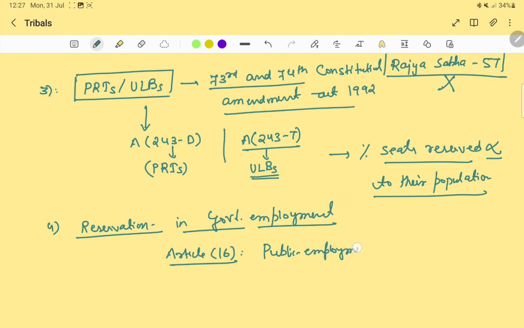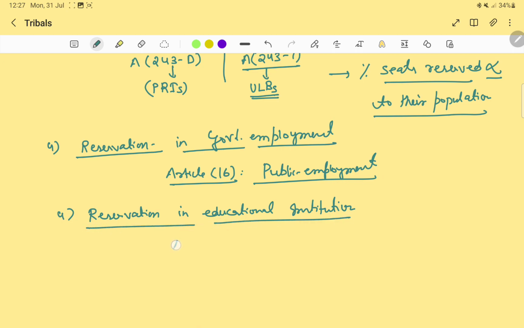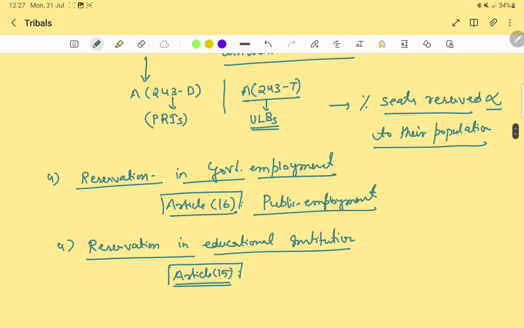Reservation is also given in educational institutions, under Article 15 of the Indian Constitution. I will highlight Article 15 and Article 16 with a different pen, so you will remember them.